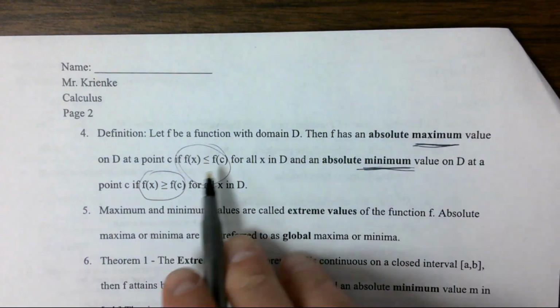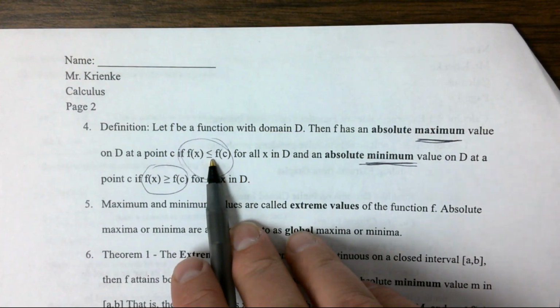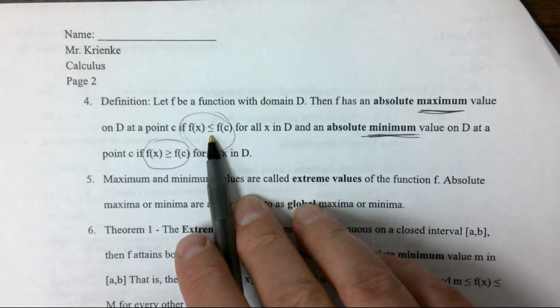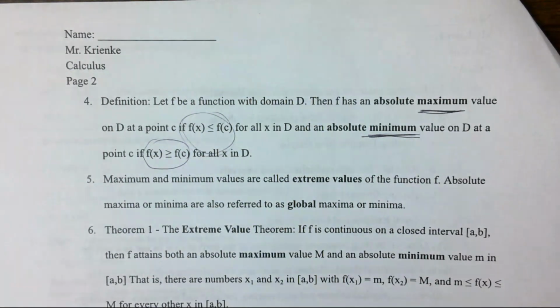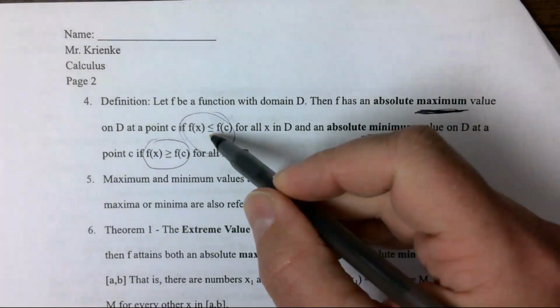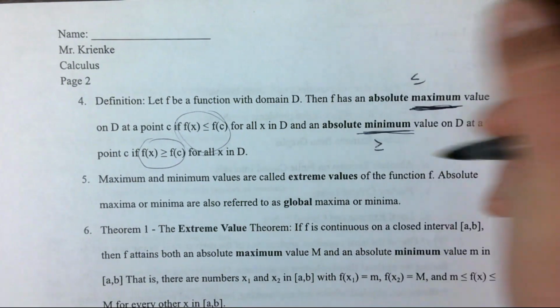Make sure you're paying really close attention to your less than and greater than in case you have a Google form, because some of them will be true and some will be false. So if it's maximum, it's less than or equal to. If it's minimum, it's greater than or equal to.